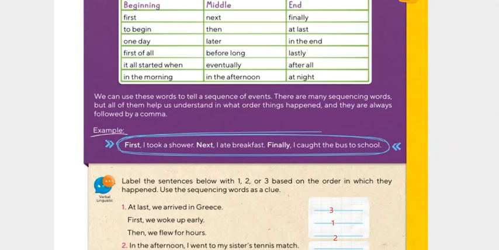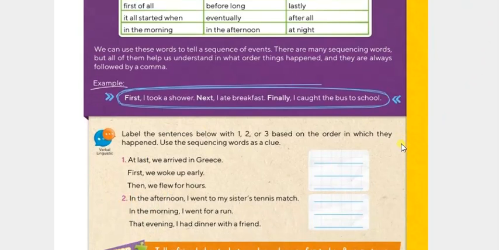That would be our first exercise. Can you try to do the next one, please? And I'll be with you in a moment, okay? That means number 2, okay? Okay, let's see. Number 1, it says, in the afternoon, I went to my sister's tennis match.